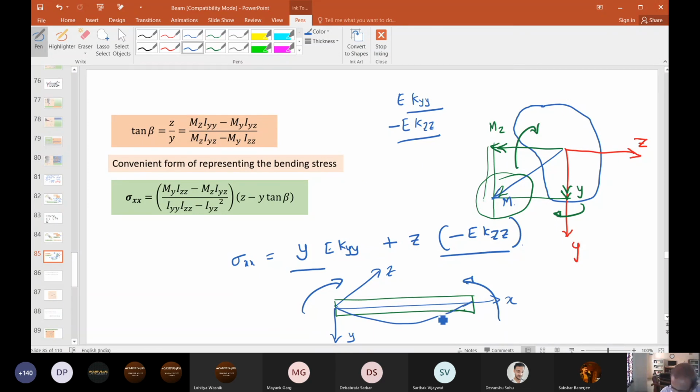Now this MY also tries to bend in one direction, MZ tries to bend in another direction. That's why my neutral axis is actually inclined. That's why we calculate beta.